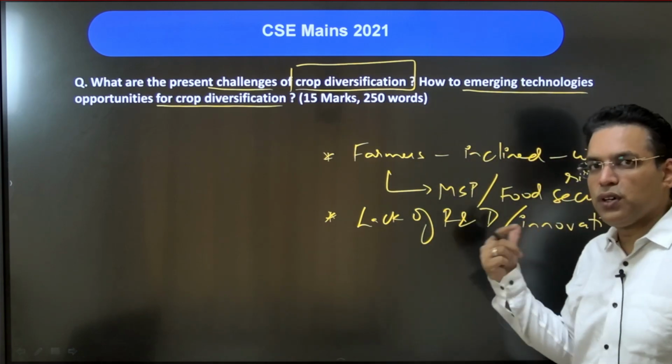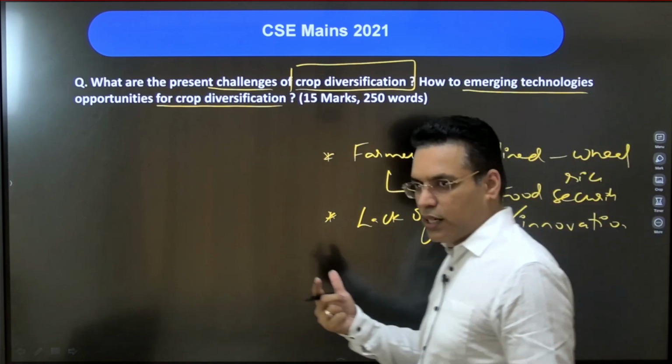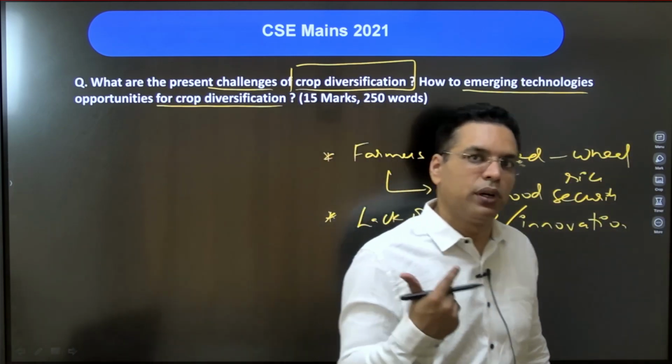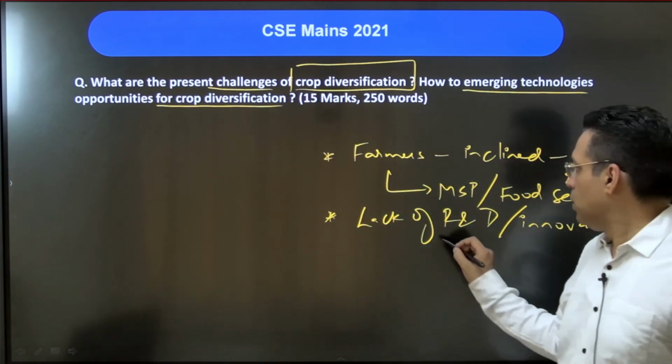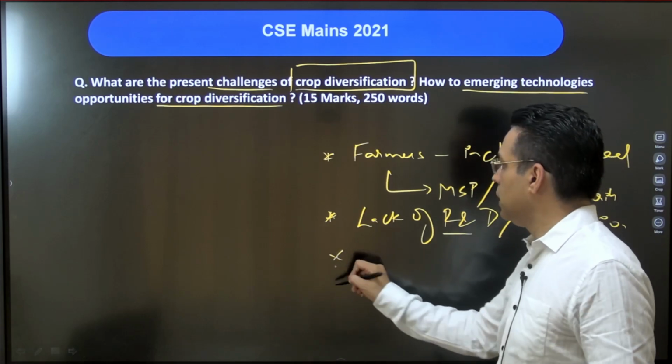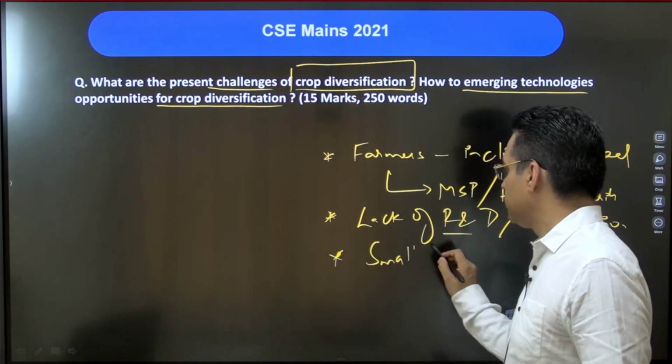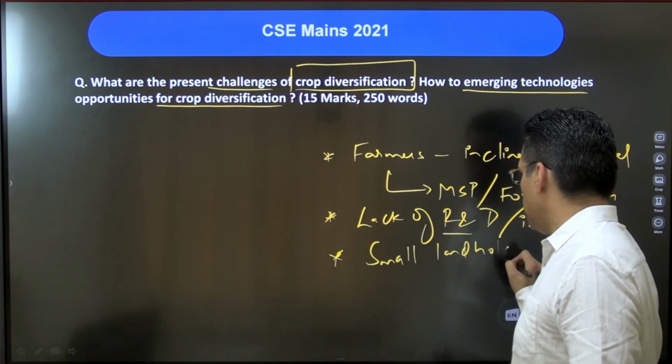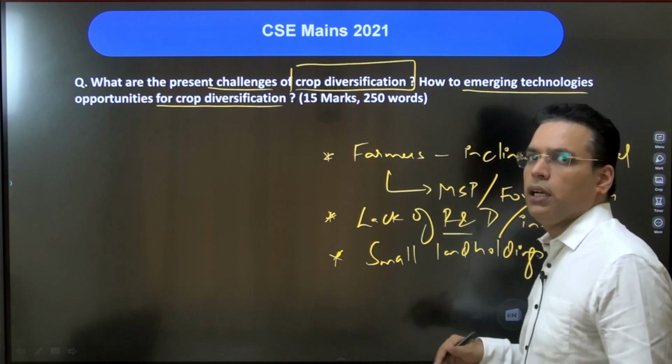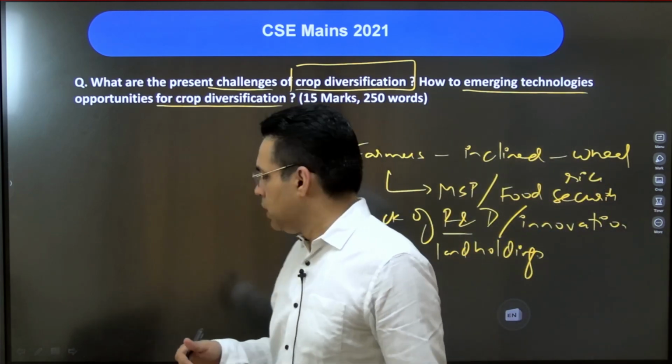In rice we have new technology, drought resistant technology, and average yield is going up. So farmers are inclined to go there. Then the third is small land holdings, so farmers have limited options to diversify crops.